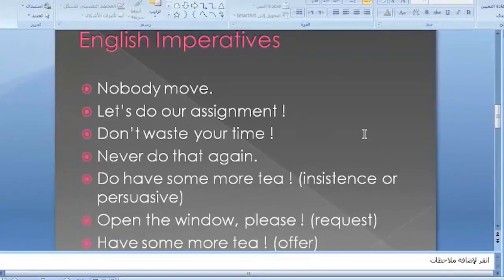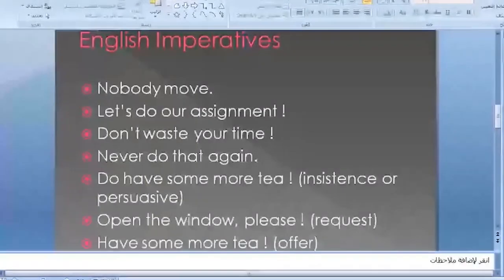In the first example, nobody move. The theme is nobody and move is the rheme. But in general, in imperatives, we start with the bare infinitive of the verb. So the verb itself is the theme. When I say stop, this is a complete imperative in which we have a theme, which is stop only.